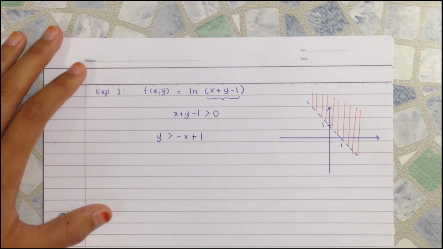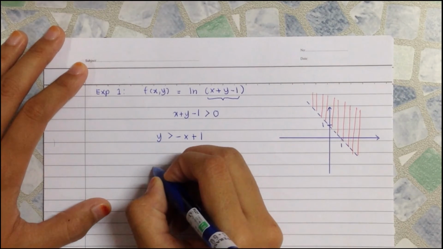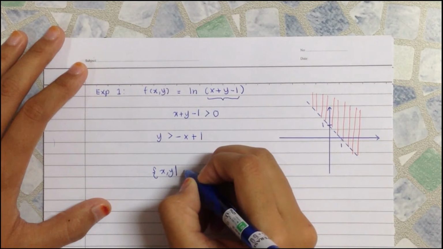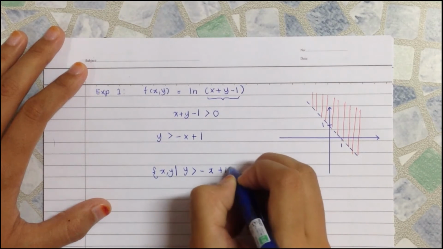So the answer, the domain is curly bracket x, y, which is y is greater than negative x plus 1.